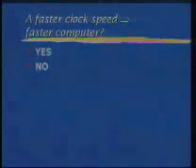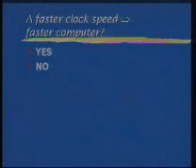Well, that is the next question I have put for you. Does a faster clock speed imply a faster computer? And I have given two answers. Unfortunately or fortunately, both of them are correct. The case yes applies when we are talking about a similar kind of processor technology.